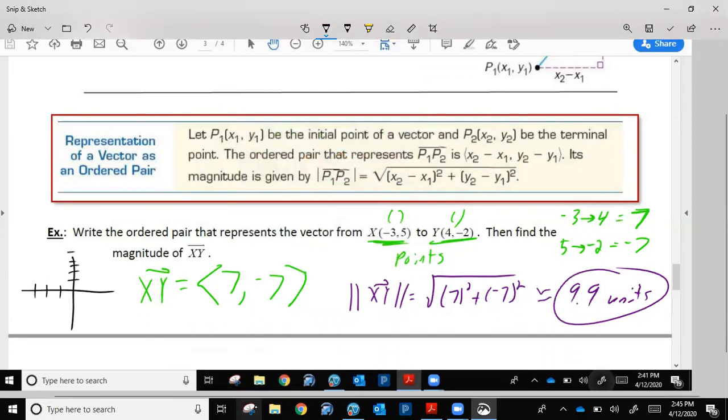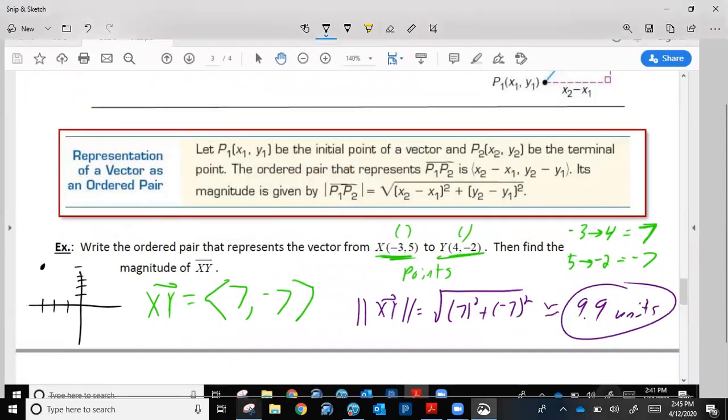We have a point X at -3, +5, and a point Y at +4, -2. Connecting those points, that's the vector. We went 7 units horizontally, down 7 units vertically, and this vector is 9.9 units long.